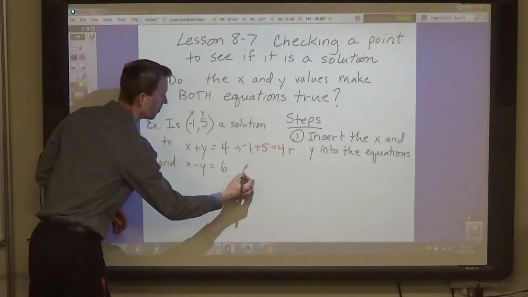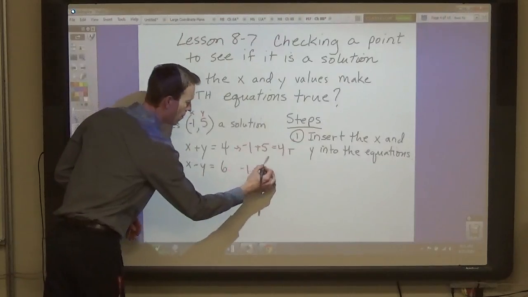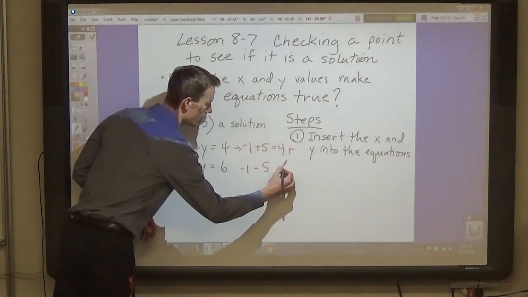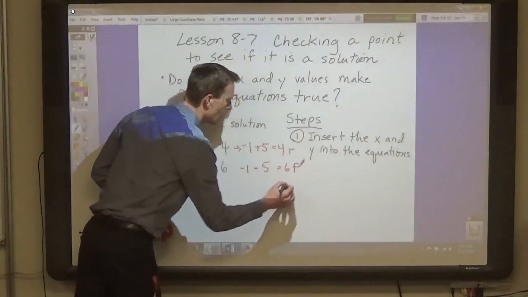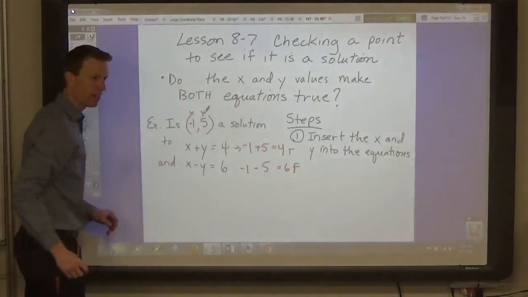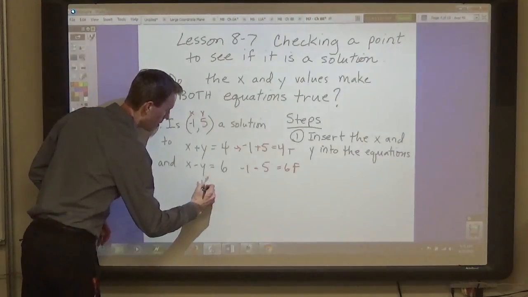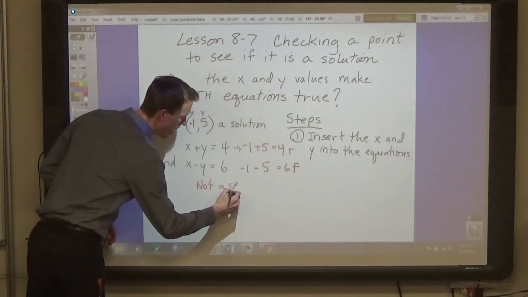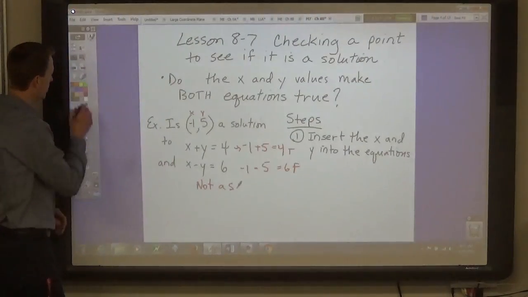How about this one? -1 minus 5. Does that equal 6? No. That one's false. So this is not a solution, because it doesn't make both of them true.